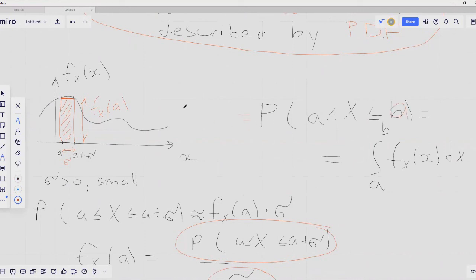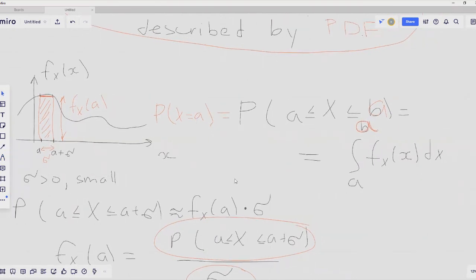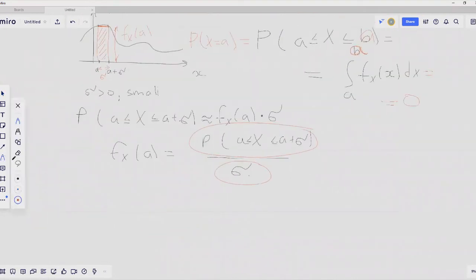Then this is probability that x lies in from a to a, or probability that x is exactly equal to a. So replacing the upper limit of our integral, we'll get an integral from a to a of PDF function, which is equal to 0. So probability of our random variable x being equal to a particular value is equal to 0.